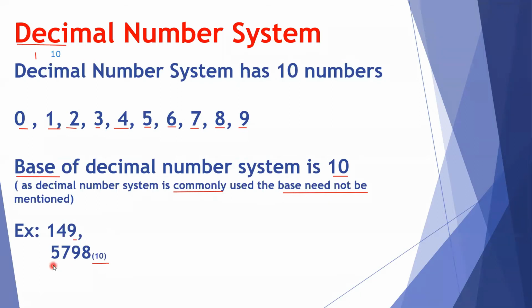Next example is 5798. 5 is present, 7 is present, 9 is present, and 8 is present. So this is also a decimal number. Here the base is mentioned. You may mention or may not mention the base.